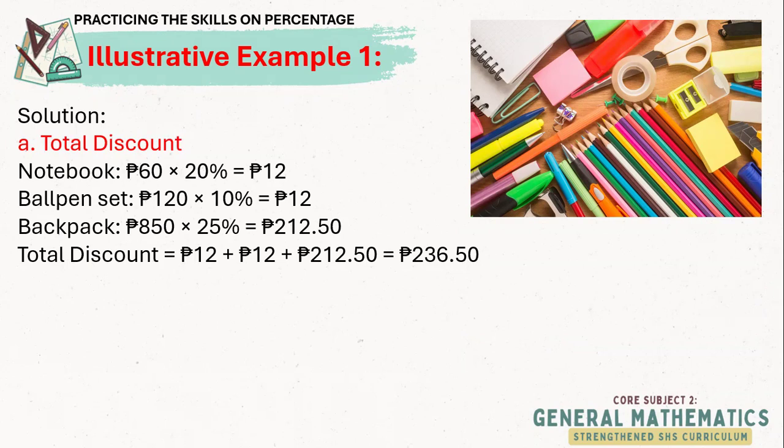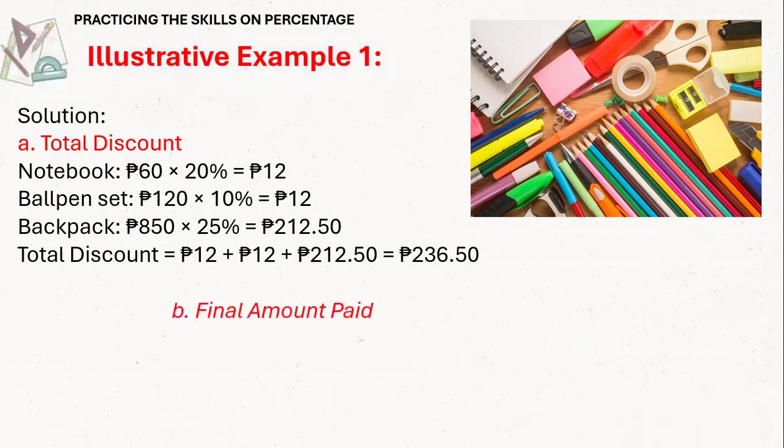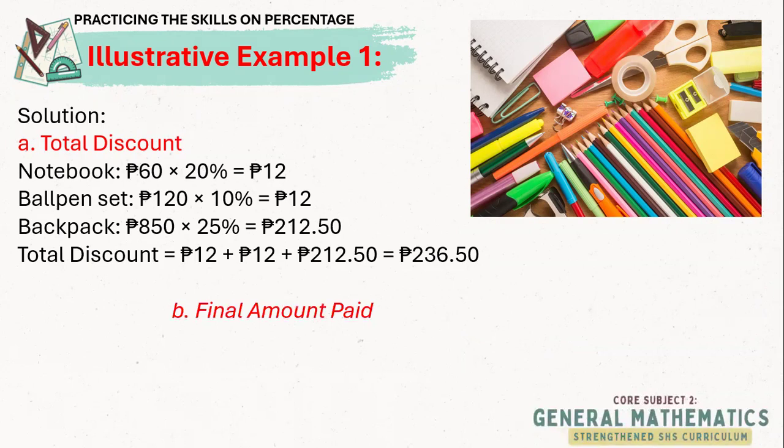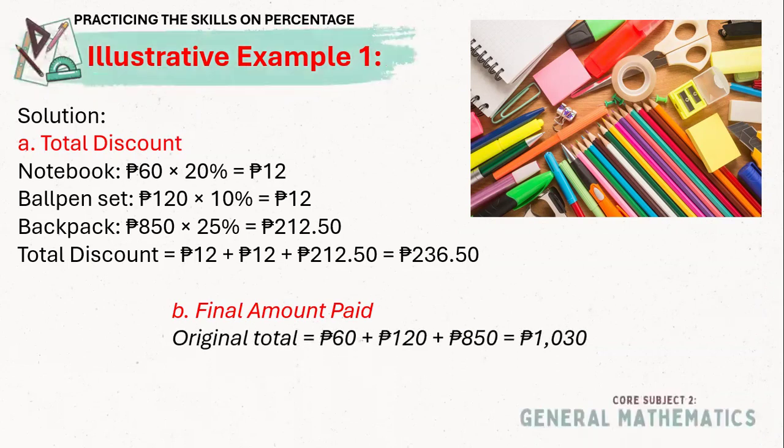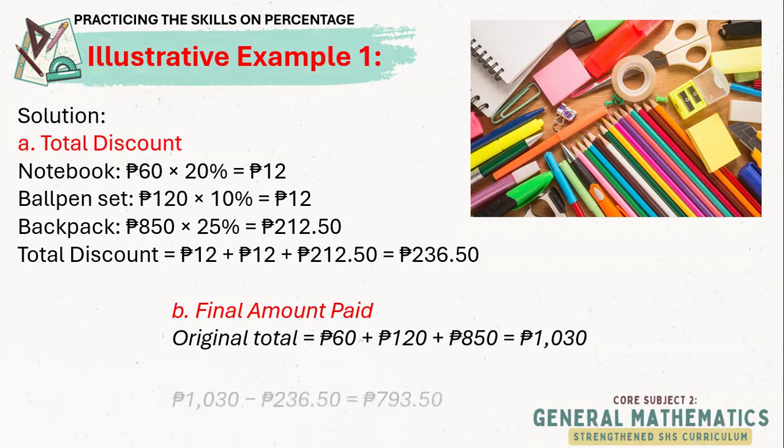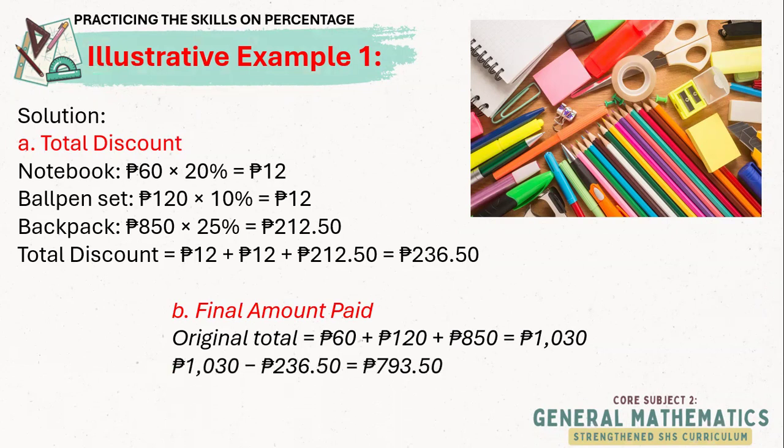Now, to get the final amount to be paid, we first add the original cost of the notebook, the ballpen set, and the backpack. So the original total is 60 plus 120 plus 850. So that's 1,030. And then we subtract the total discount, 236 and 50 centavos.